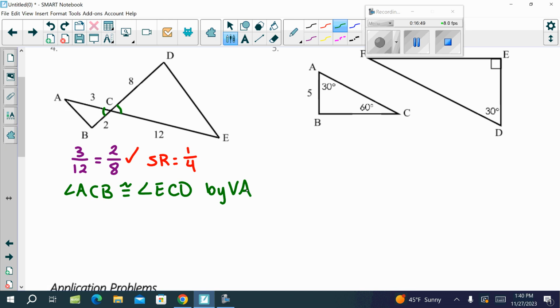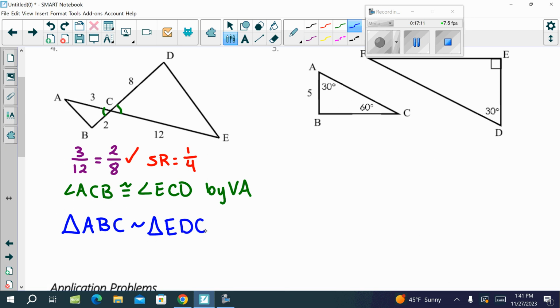Yes. Did I prove AA, SAS, or SSS? Yes. Since I've got all the work that proves they're similar, I need to write that. So triangle ACB is similar to triangle EDC.